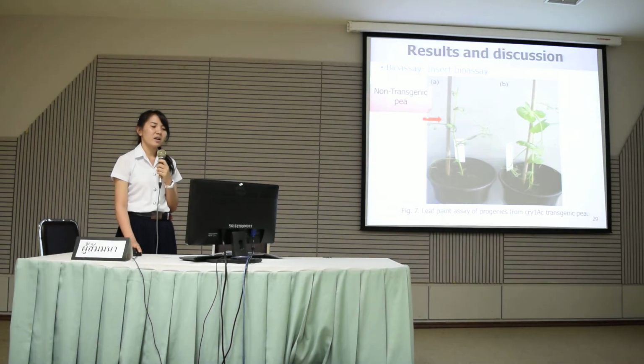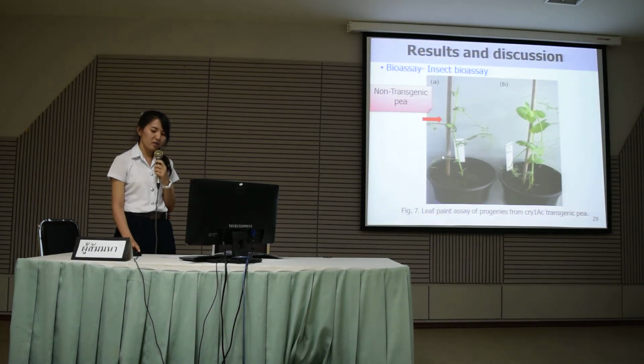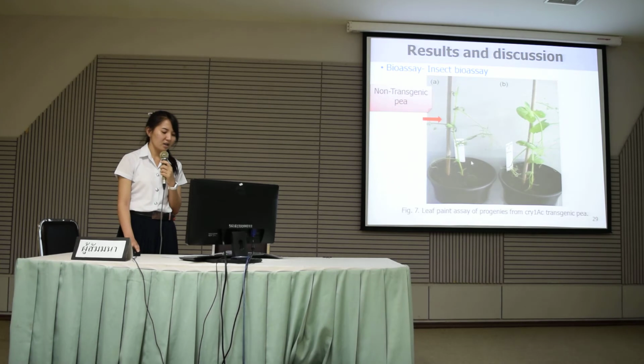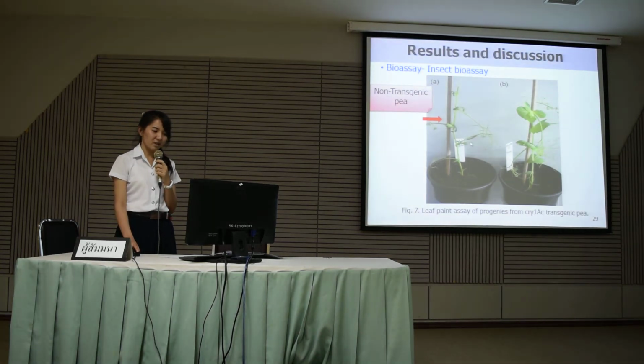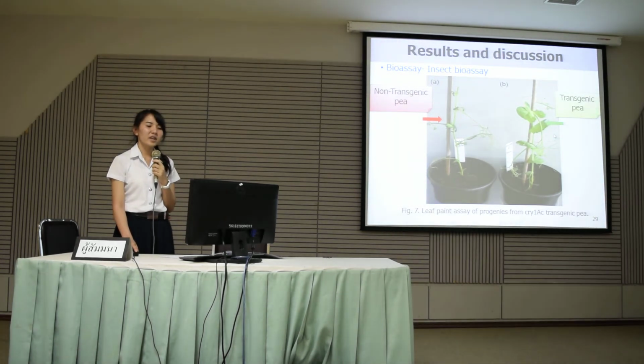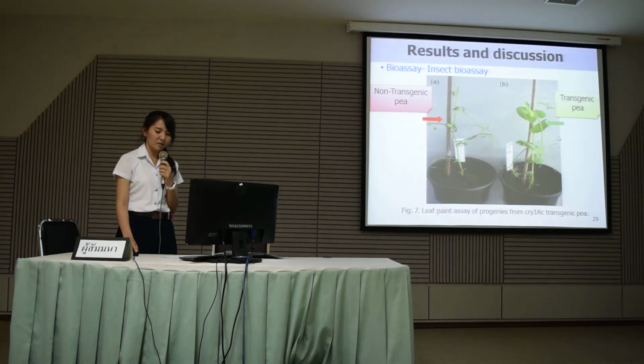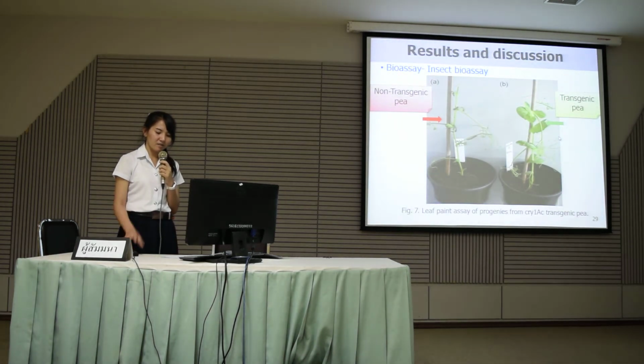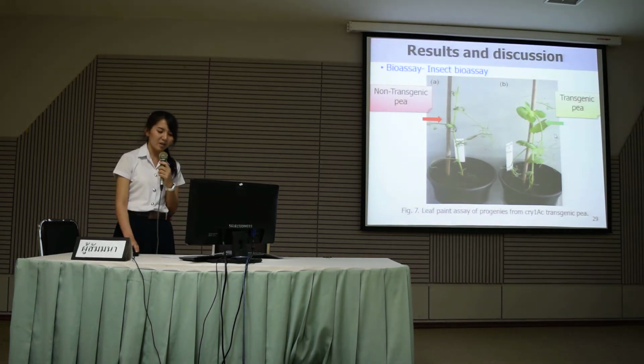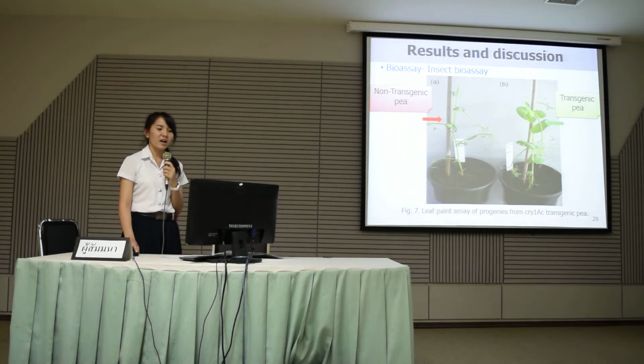In the infested non-transgenic P, there was heavy damage and normal growth of larvae. And the green arrow is transgenic P, with little feeding damage and survival of larvae.